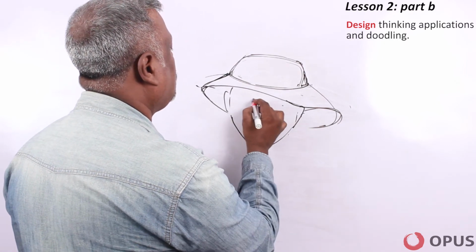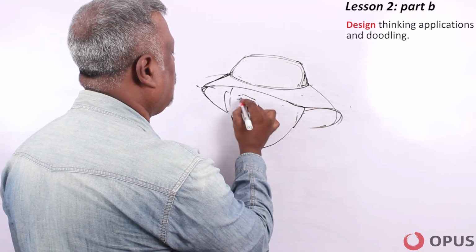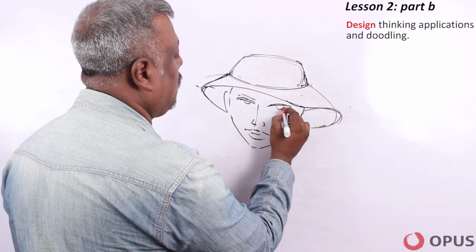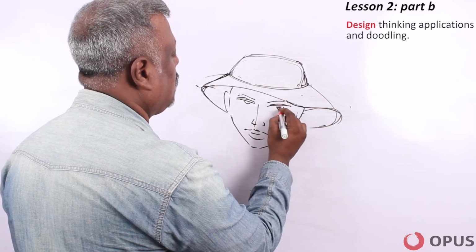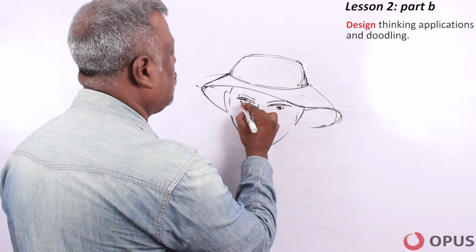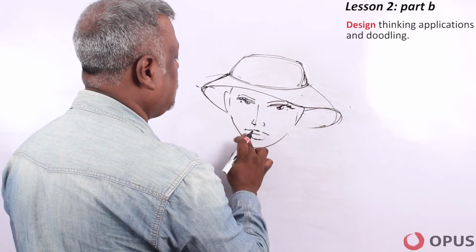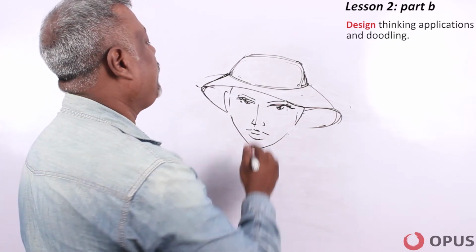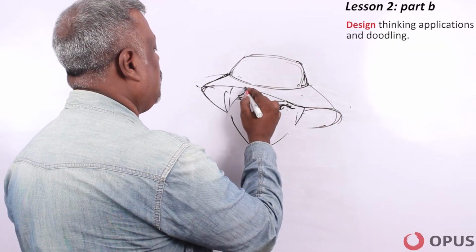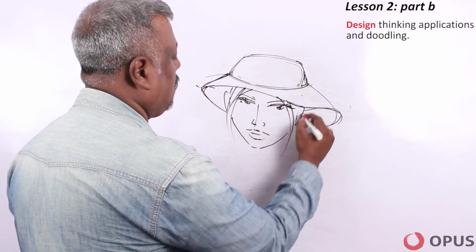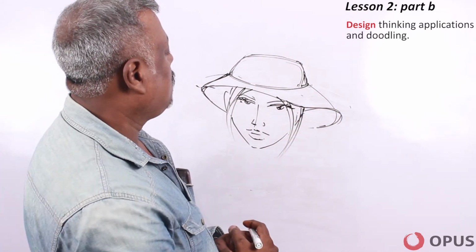And then I'm not showing you right now, the face. I will draw the face, but it's just a representation of a face with the hair locks falling off, right?